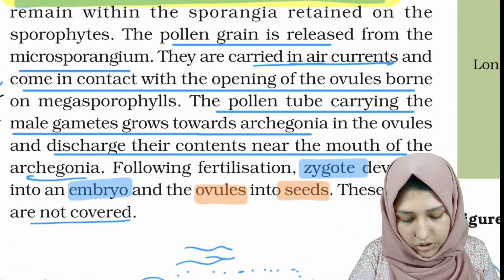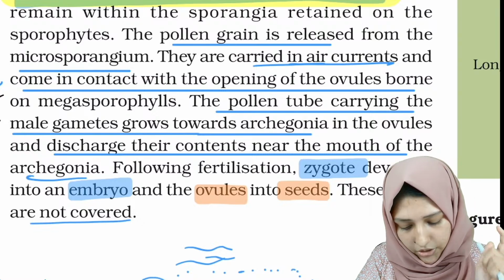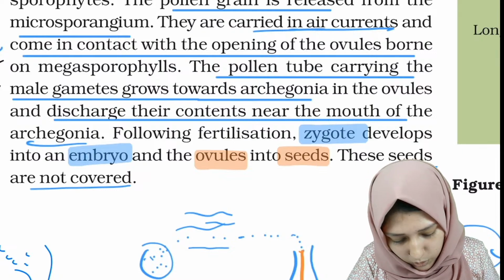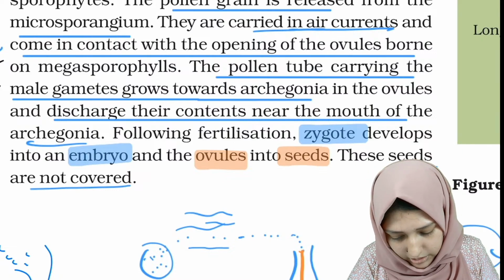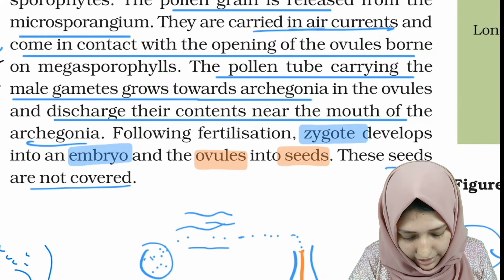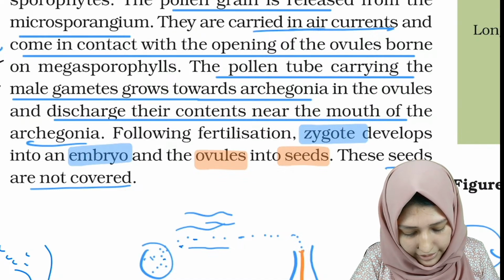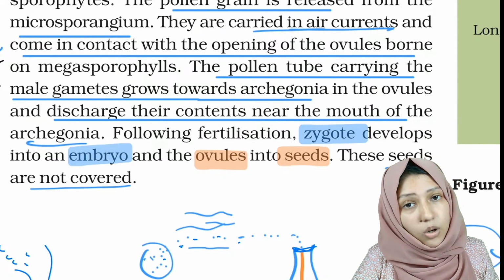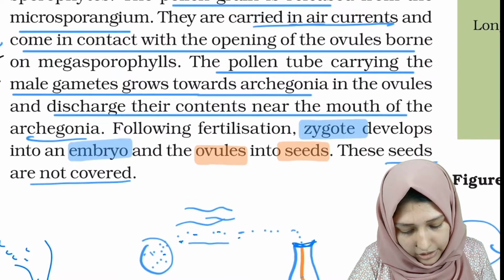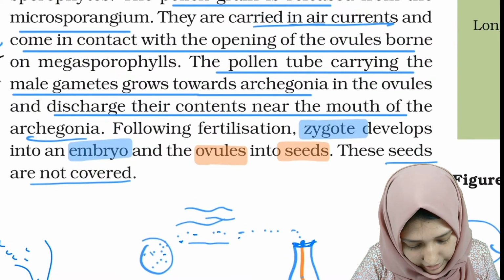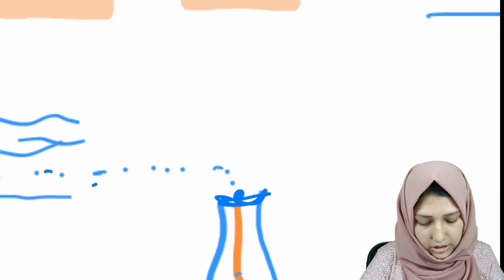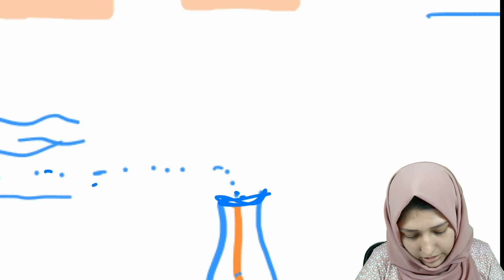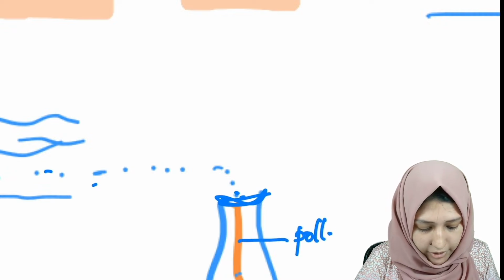What happens here? The pollen grains are released from the microsporangium and are carried in the air currents. There it was water, here it is air. They reach the mouth of the archegonium and discharge their contents, and they travel inside through a tube known as the pollen tube.